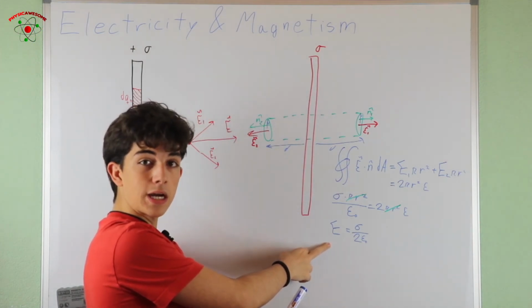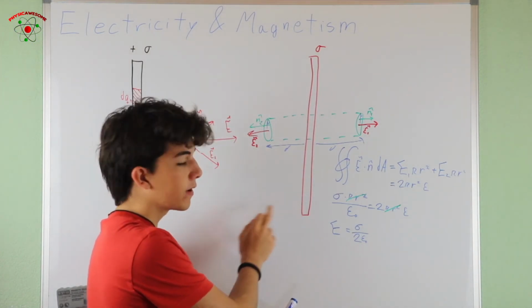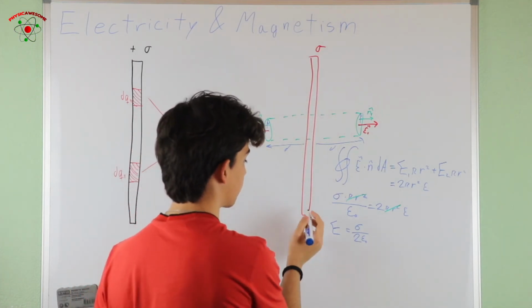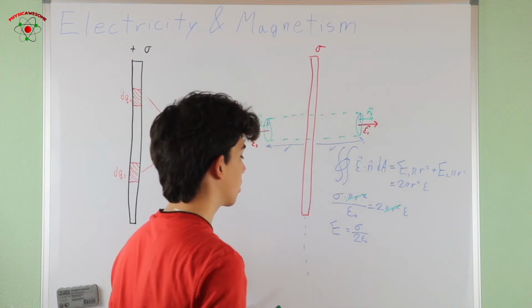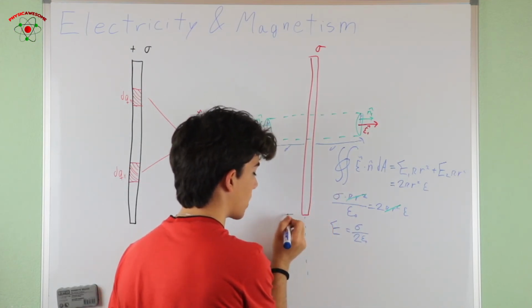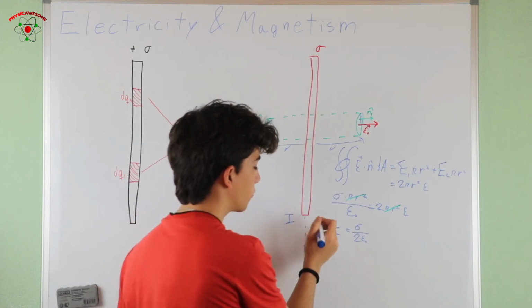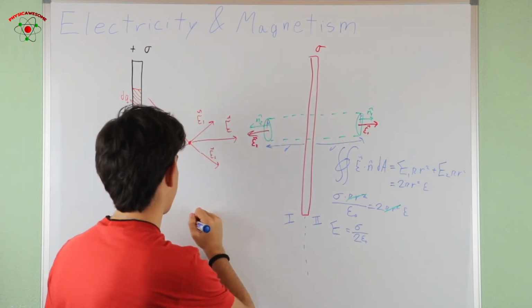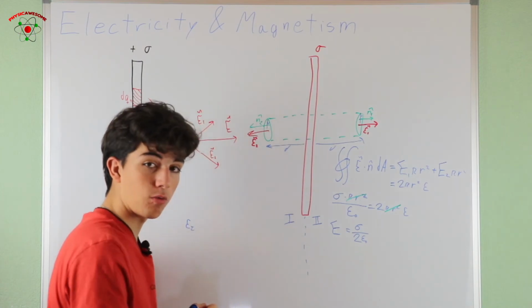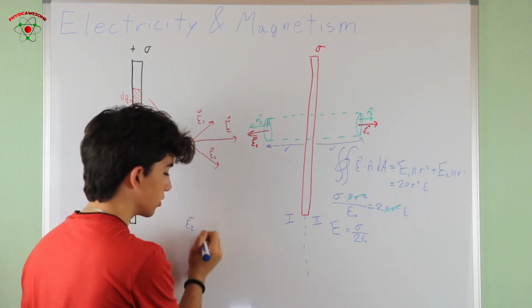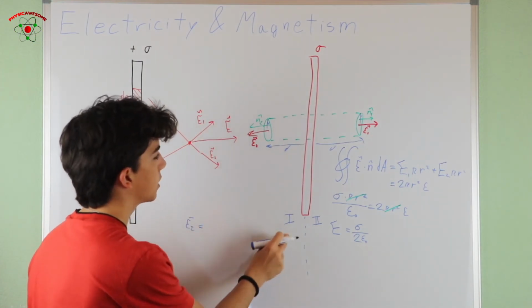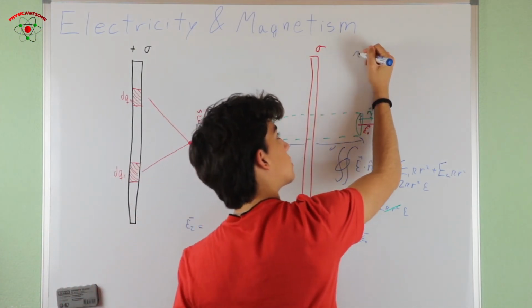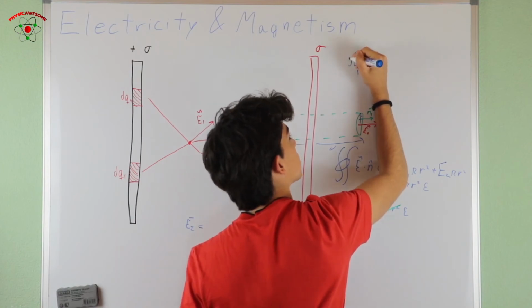To make this a vectorial quantity, we just need to define the two different regions in which we are working. This is going to be very useful using Gauss's law. We're going to have region 1 over here and region 2. So we're going to have E in region 1, denoted by that. It's going to be a vectorial quantity, and we see it's going to be pointing in the minus i hat direction. Let's define our unit vectors.